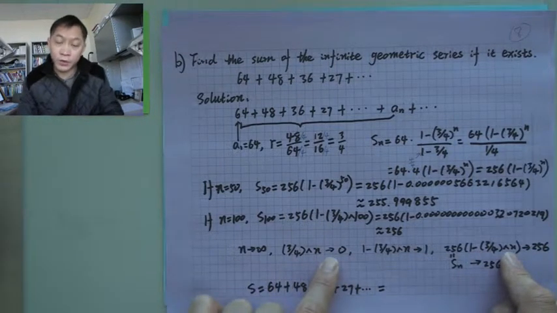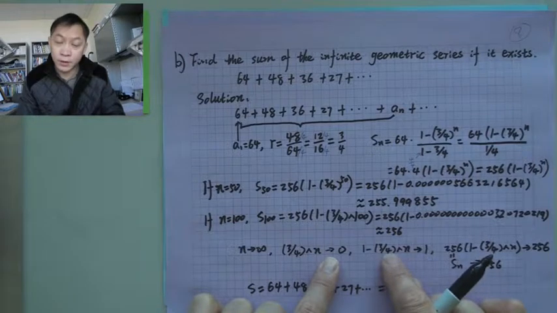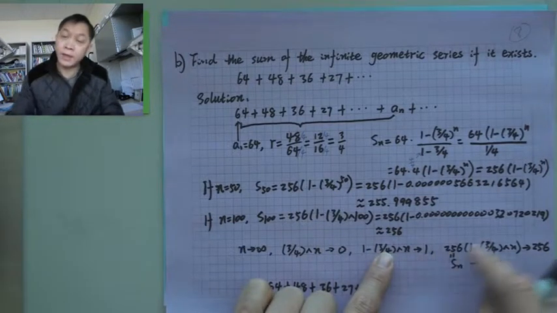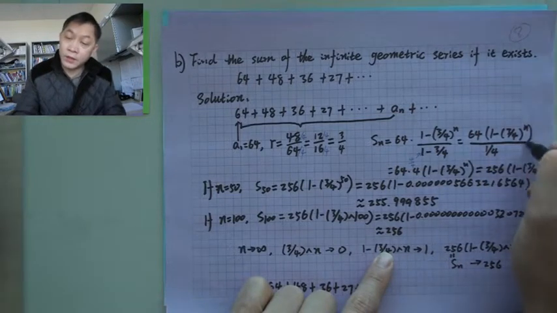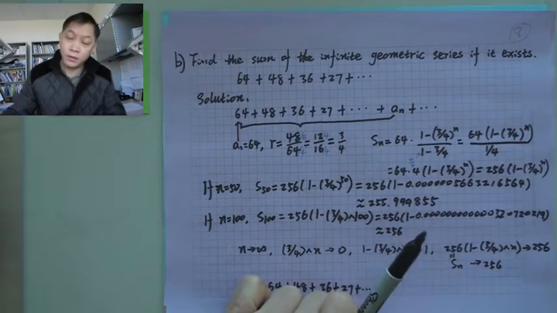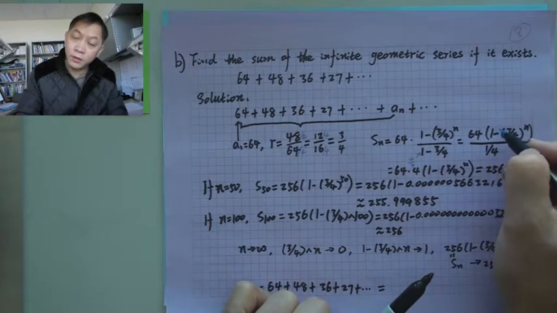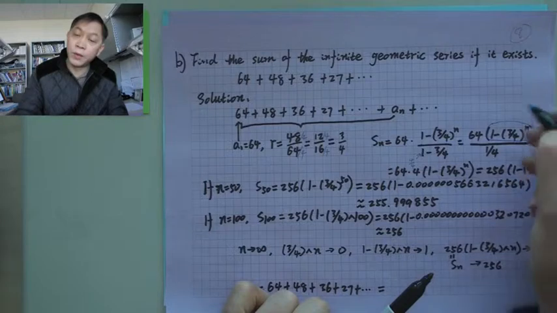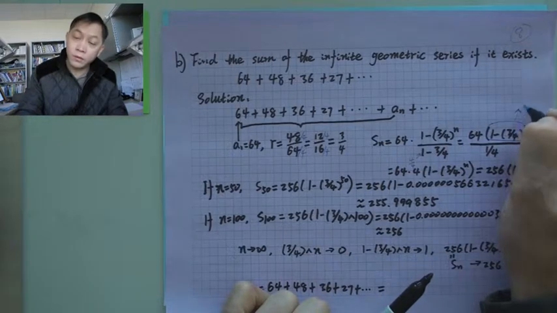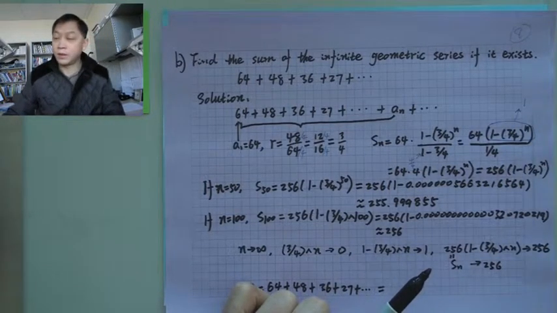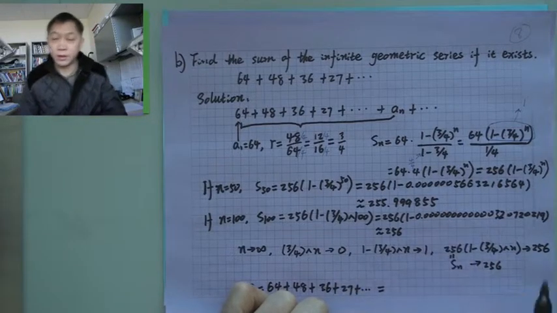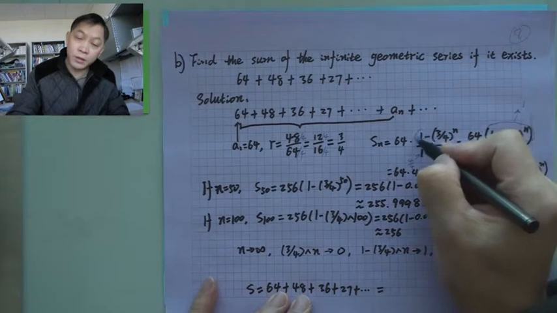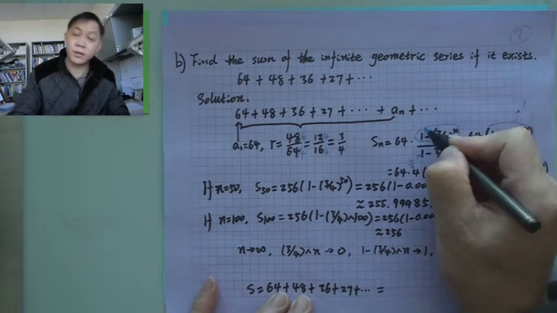If this one goes to 0, 1 minus 3/4 to the n goes to 1. Okay, it's actually here it says that this part approaches 1. Or you may say this part approaches 1.